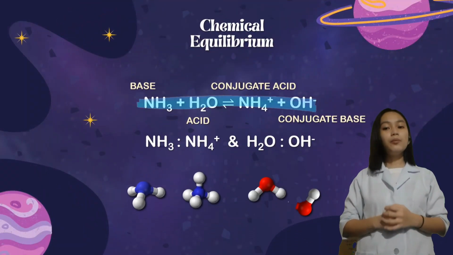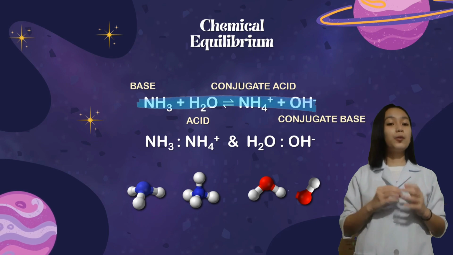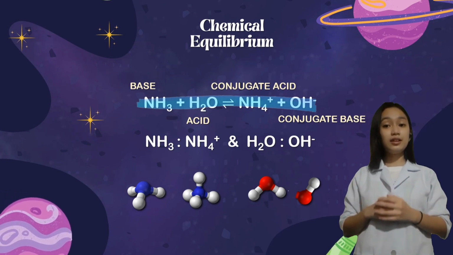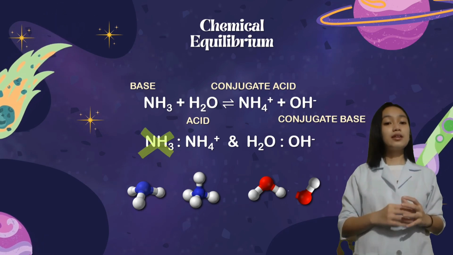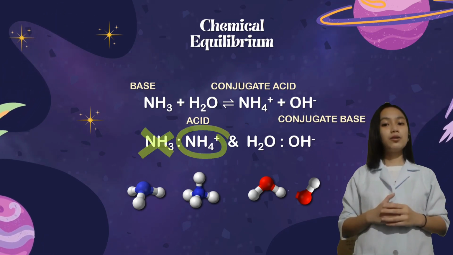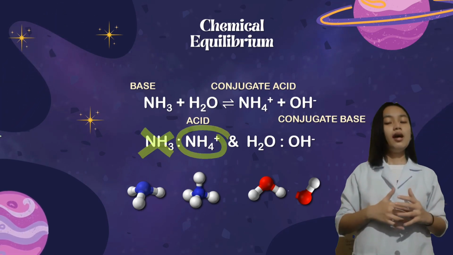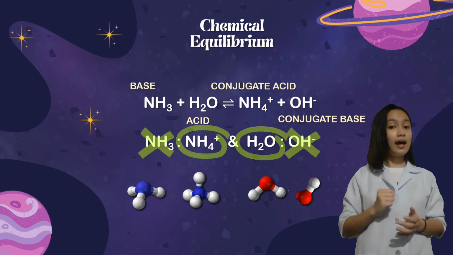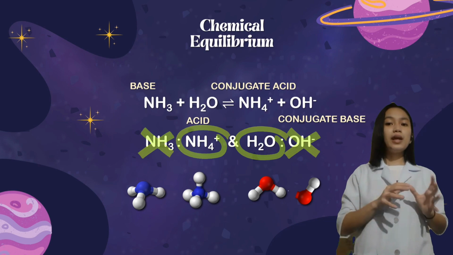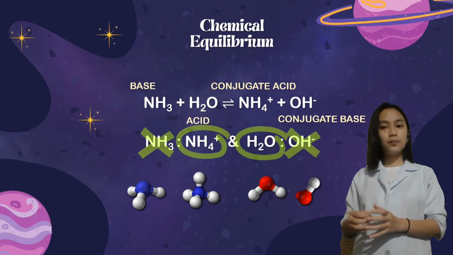For instance, ammonia and water are in equilibrium with ammonium ion and hydroxide ion, where ammonia is the weak base and has a particular pair, ammonium ion, as its conjugate acid, and H2O as the acid has a particular pair, hydroxide ion, as the conjugate base that partially dissociates.